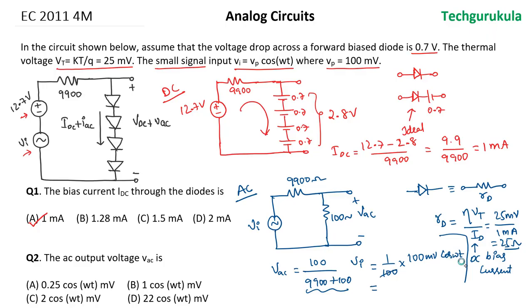So this will be equal to 1 cos omega t millivolts. So this will be the output AC. So the correct option for question 2 is option B, which is 1 cos omega t millivolts.